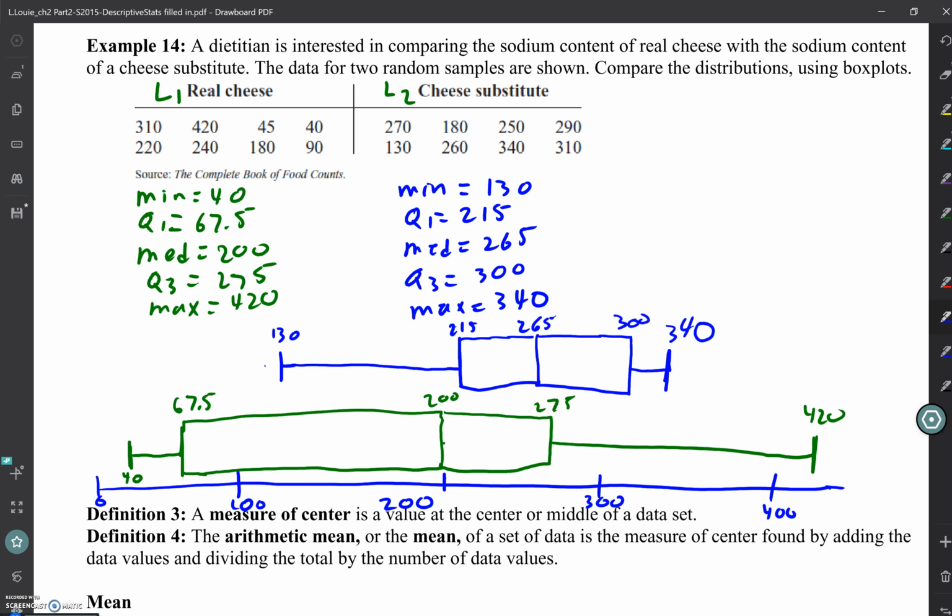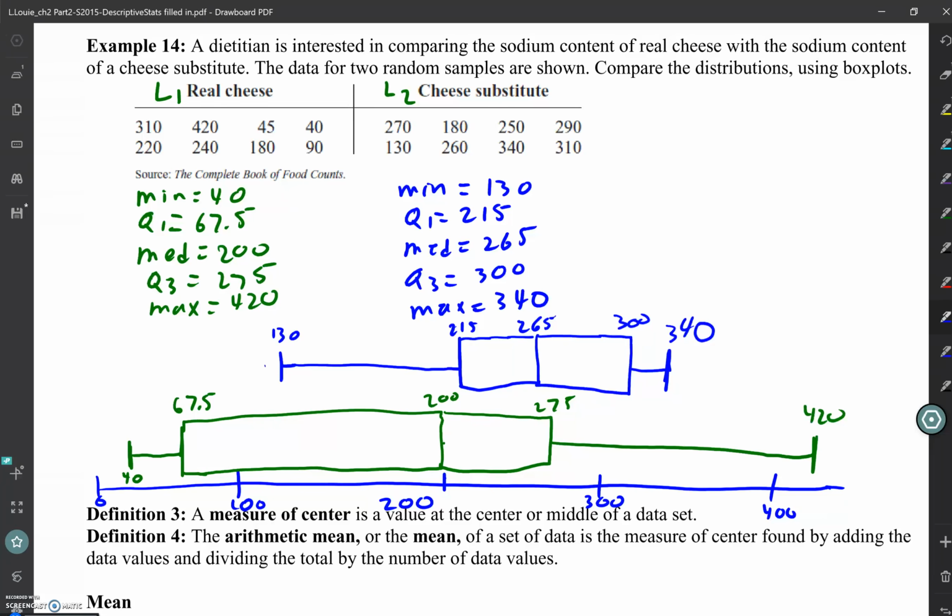So if I want to compare these two, now that they're put together, what would you say? What are some things we'd say to compare them? There appears to be less salt in the real cheese. The substitute tends to be higher overall.